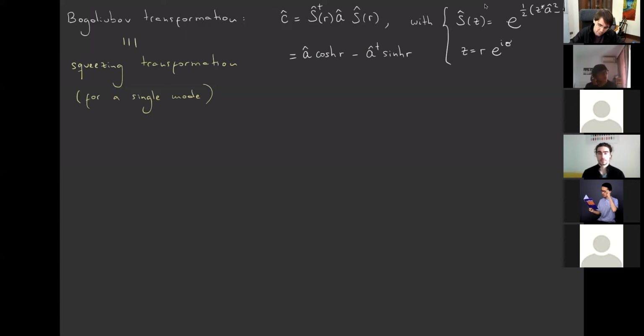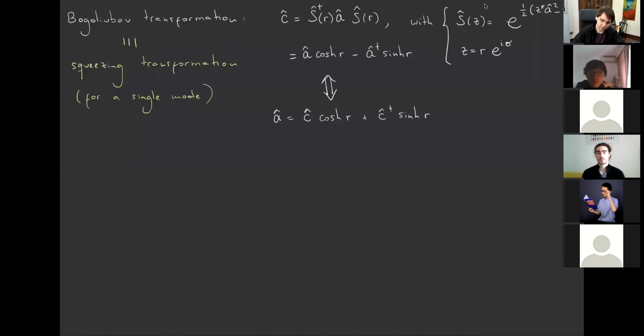And of course, because we will use it now, you can always invert this relation and write the original annihilation operator in terms of the Bogoliubov annihilation operator in this way, cosh R plus C dagger sinh R. So let me make this transformation in the Hamiltonian and let's see what we get.